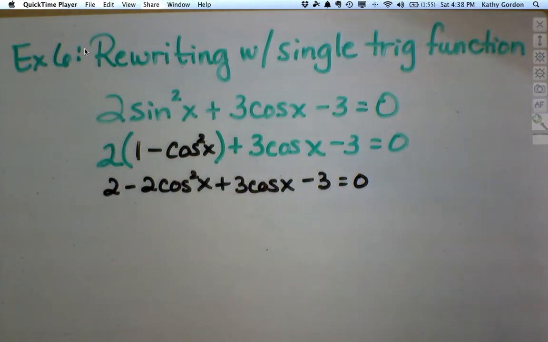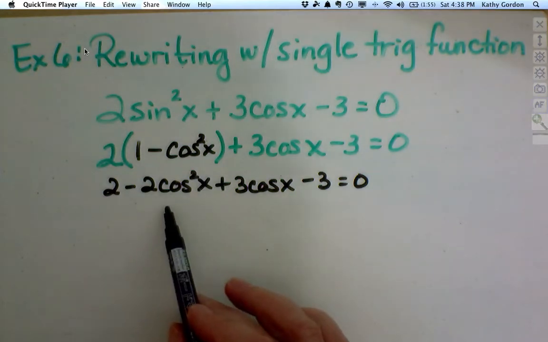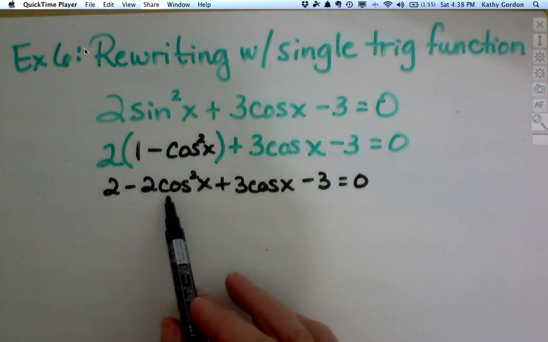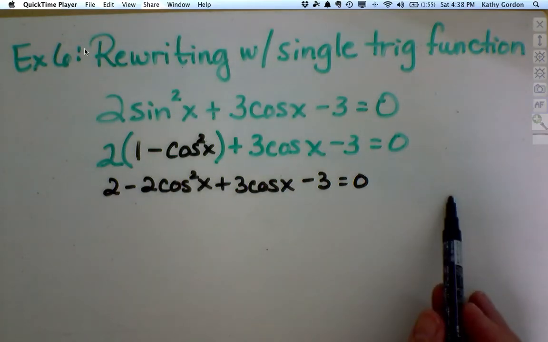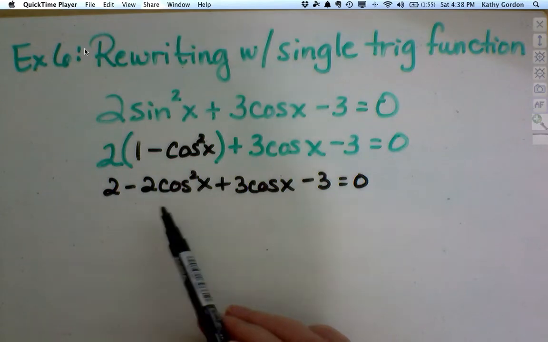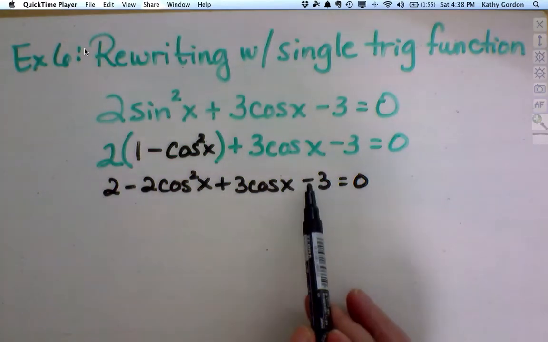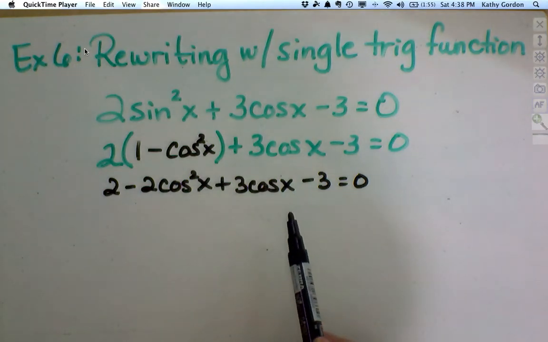Now, I prefer to keep my leading coefficients positive, and so I'm going to pretend like I'm moving everything over to the other side so that my square term will be positive. You can also think of this as multiplying everything on this side by a -1 and then combining like terms.